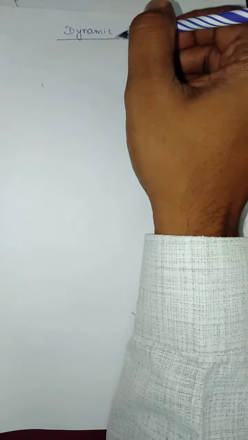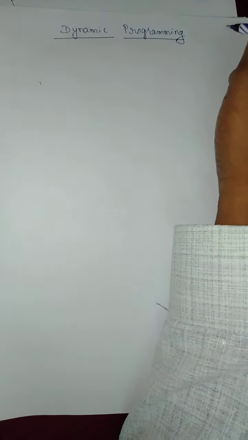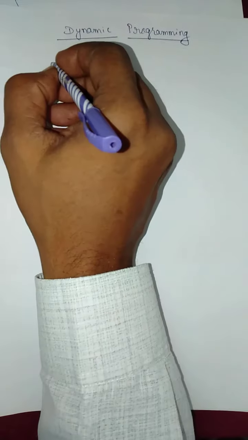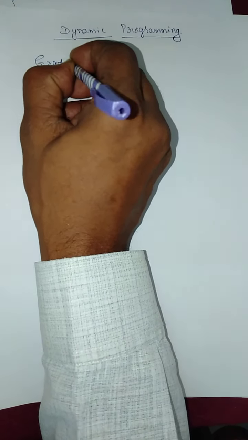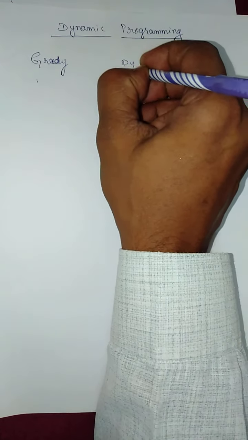Well, guys, we shall next begin with module 4, that is dynamic programming. Here, first we shall understand the difference between the greedy method, which we studied in the previous module, and dynamic programming.